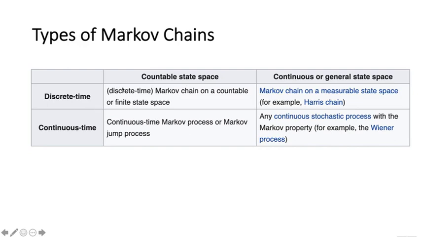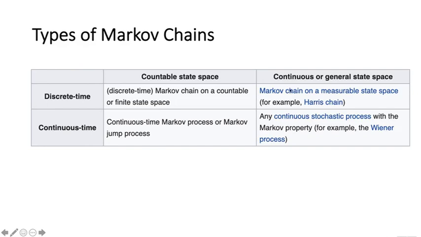This is discrete-time Markov chains on a countable or finite state space. But if the time is continuous, it is called a continuous-time Markov process. Usually for discrete time, it is called a Markov chain, but for continuous time, it is called a Markov process.